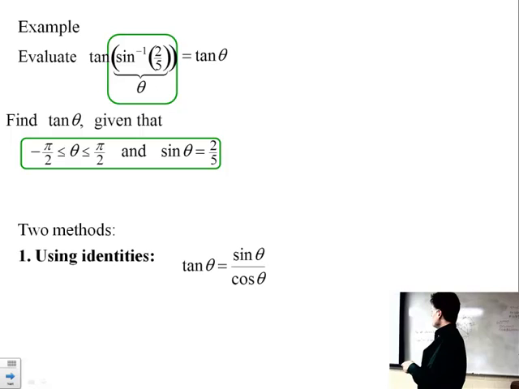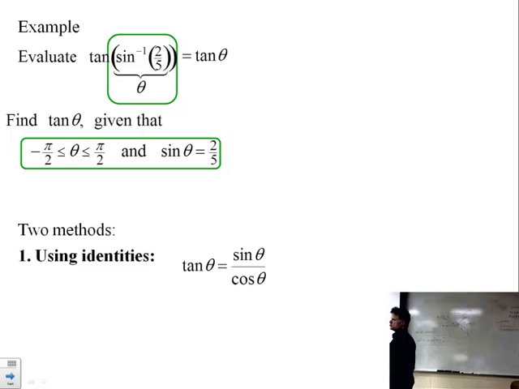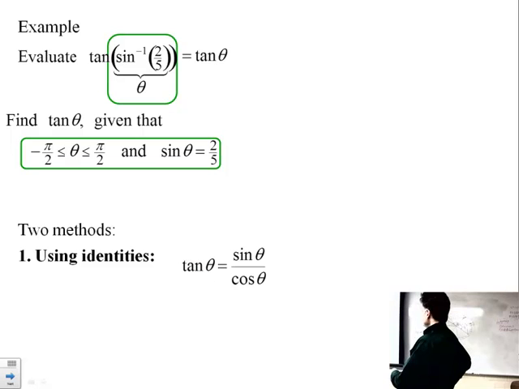What we want to find is tangent of theta. We could use some identities. This is one method, or we could draw a triangle. That would be the other method. So let's use identities first. Tangent of theta is sine over cosine. We know what the sine is already, so now we've got to solve for the cosine.